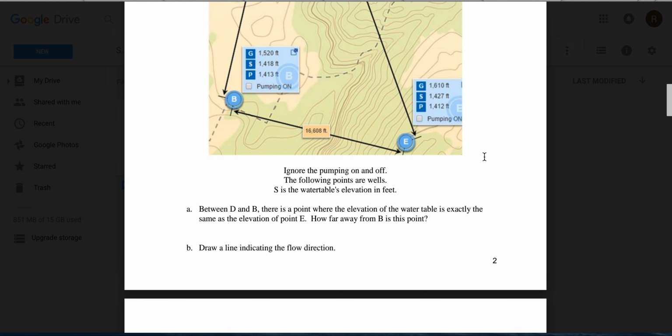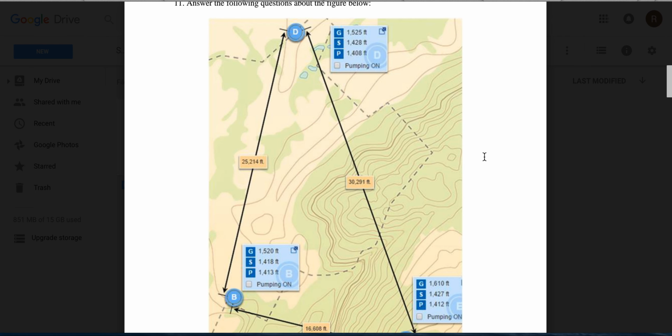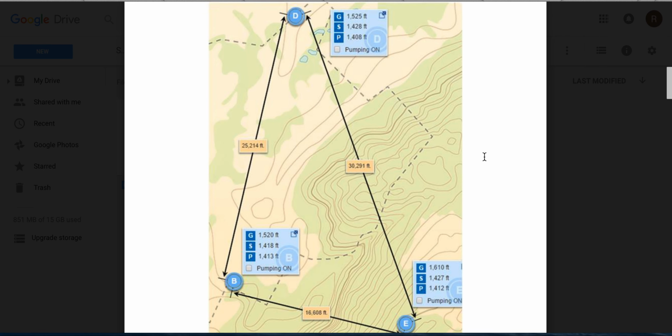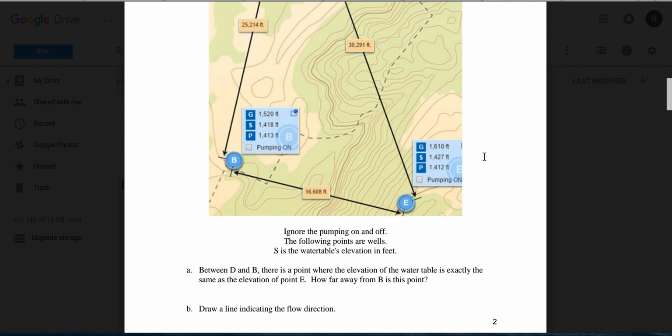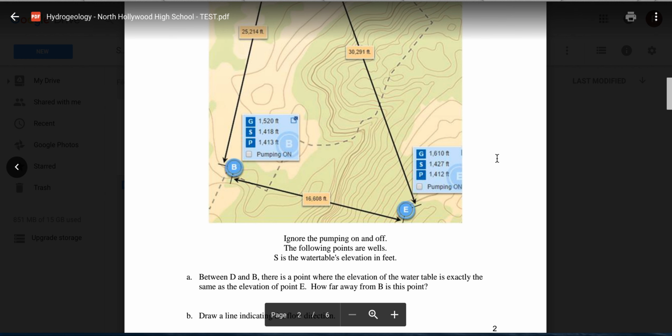As you can see here, we have a couple of wells that you probably saw on the groundwater.org hydrogeology challenge. There are of course 3 wells. You can ignore the pumping part because all the conditions are considered static. Basically, there's no additional pumping of the water, and you're going to want to focus on the water table elevation, which is the S value.